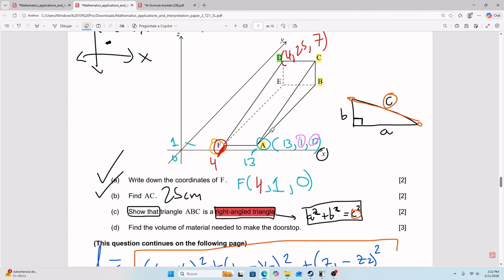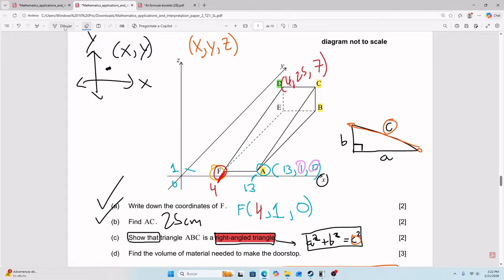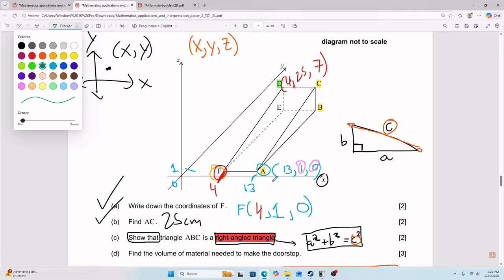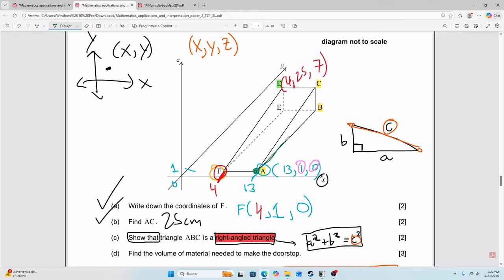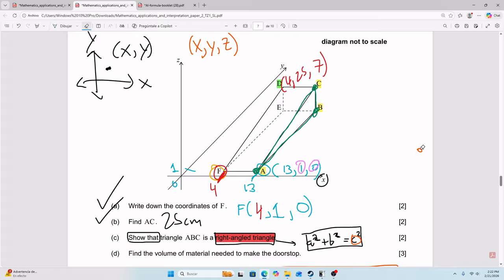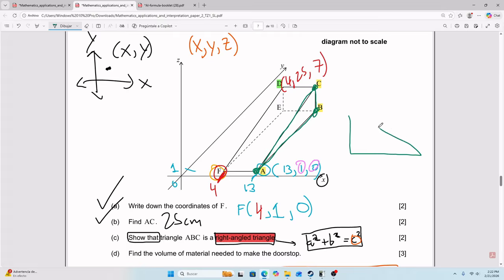And so for showing that ABC is a right angle triangle, well, you can identify this triangle here. A, B, C. And so the long section is AC, right? So let me actually draw that out for a second. If I draw that triangle out, we have point B being here, right?